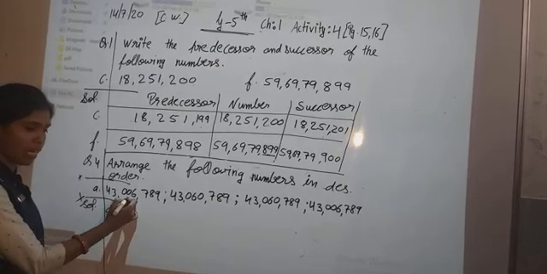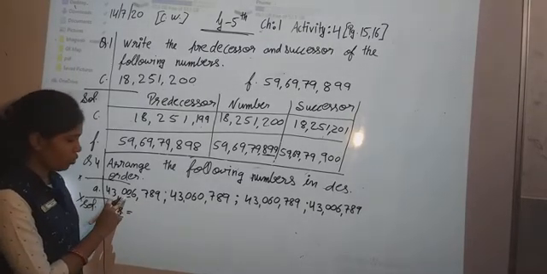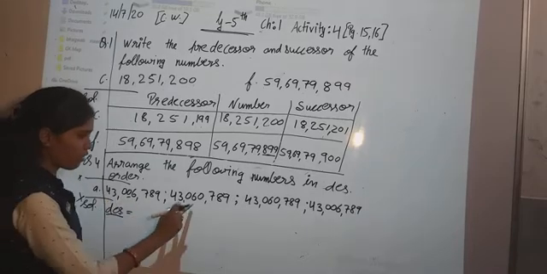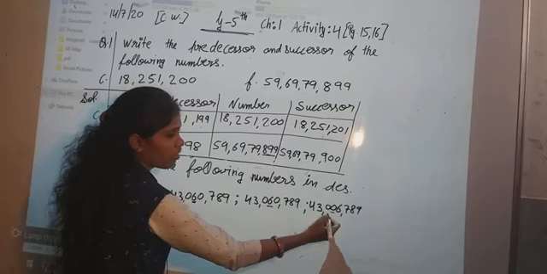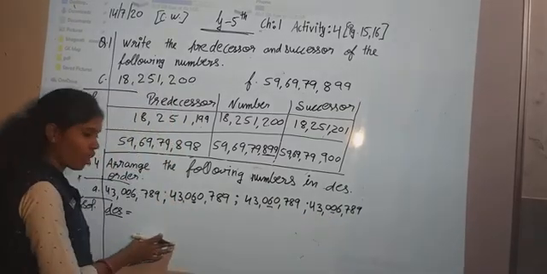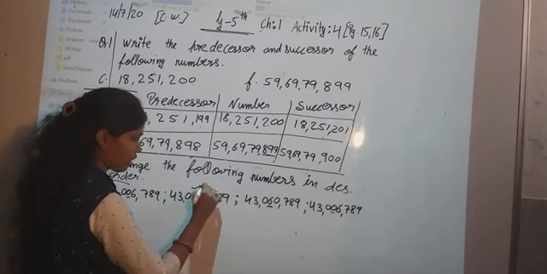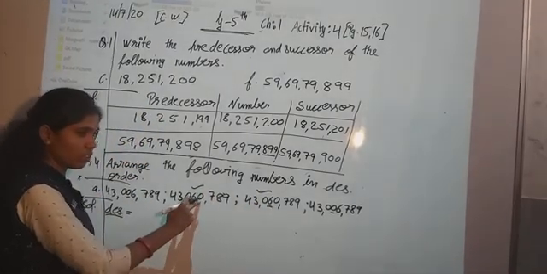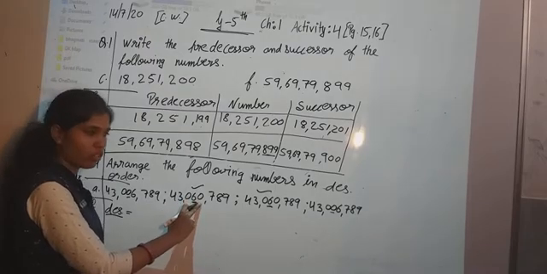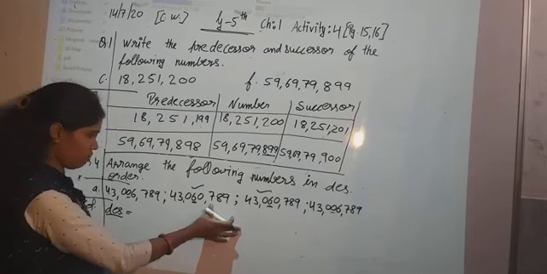Now we will compare the thousands, the 10,000s. We have 0 and here we have 6. Again we have 6, and again we have 0. 0 is smaller, so we will compare the 6s. Now the next place is 0, 0. Now come to the hundreds place.